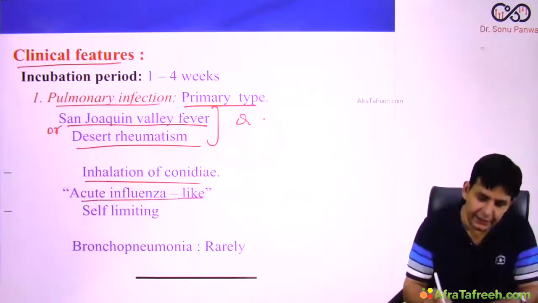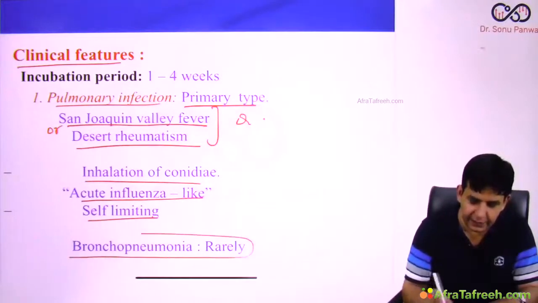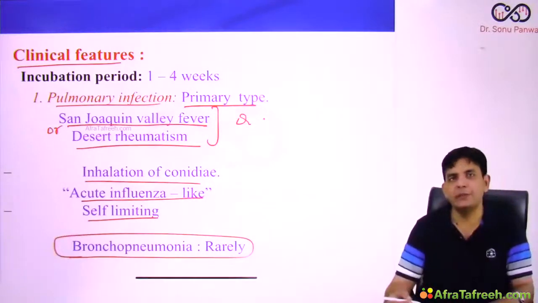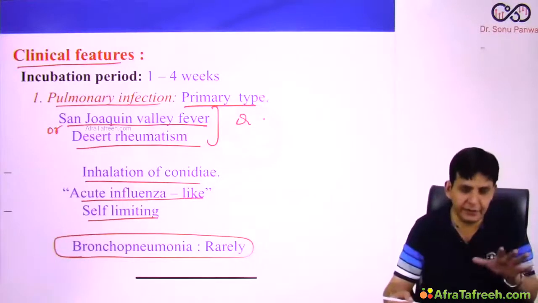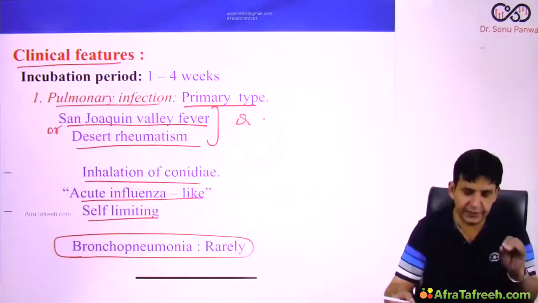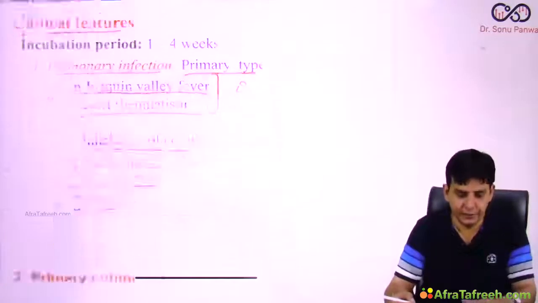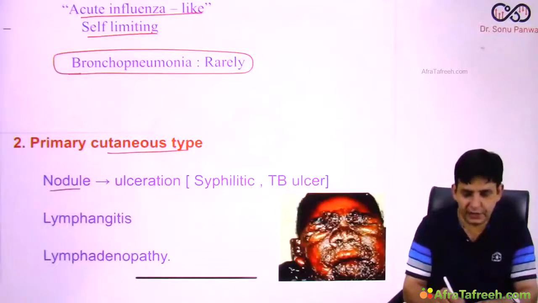And again, it is an acute influenza-like illness, self-limiting, and sometimes bronchopneumonia rarely can happen. So this is the acute form. Acute pulmonary infection is also termed San Joaquin Valley fever or desert rheumatism, and it happens by inhalation of conidia. It is an acute influenza-like illness. Okay. Then here also the cutaneous type is there, which starts with a nodule.